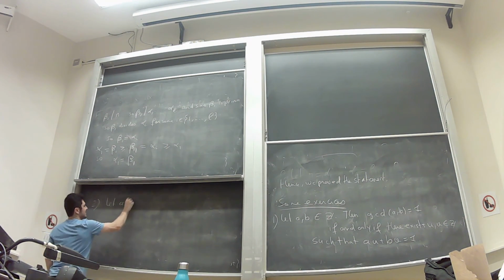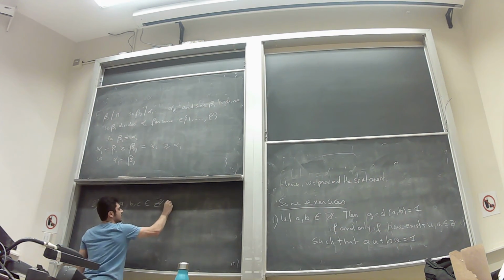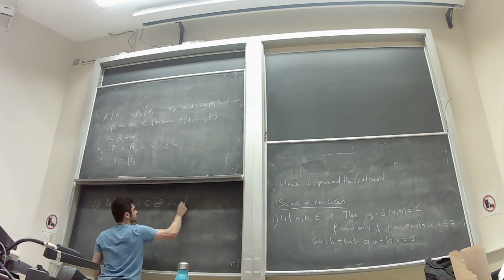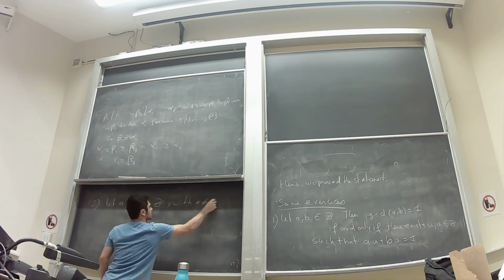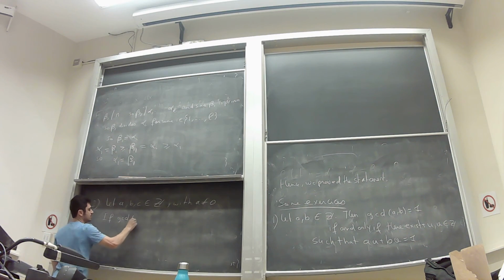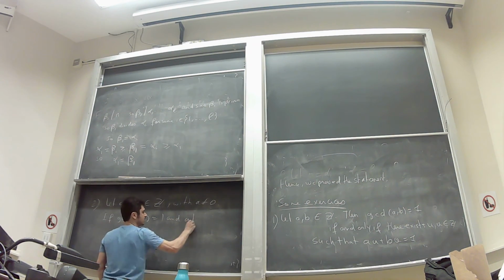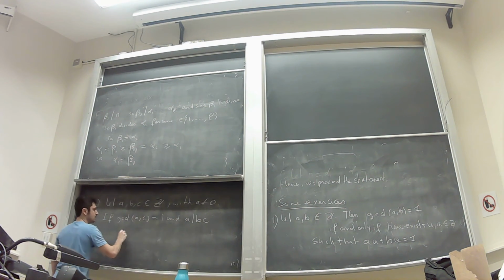Let A, B, C be in Z with A non-zero. If GCD(A, C) is equal to 1 and A divides BC, then A divides B.